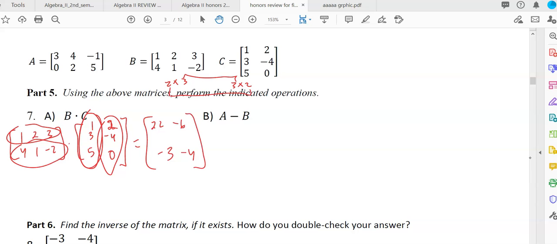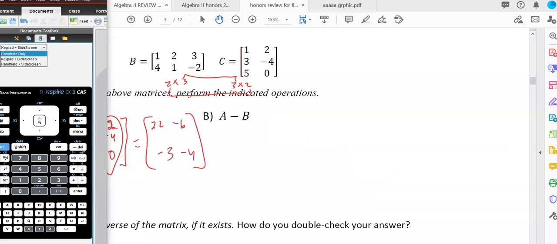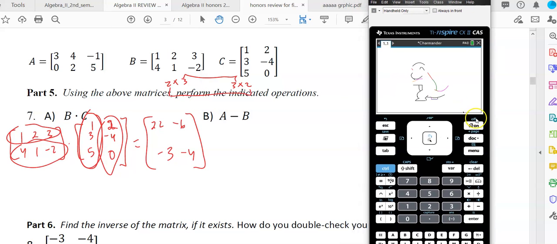I'm just going to type that in my calculator just to make sure I'm right. This might be in the calculator section, I'm not sure, but I'm just checking it for accuracy purposes. So I'm going to customize on this one. And that was a 2 by 3.